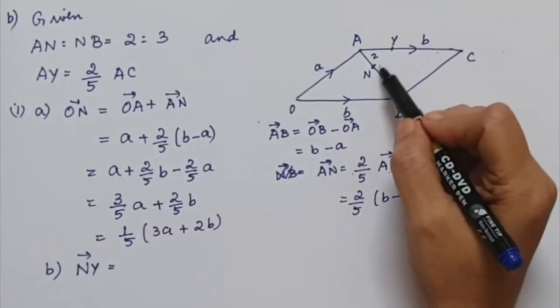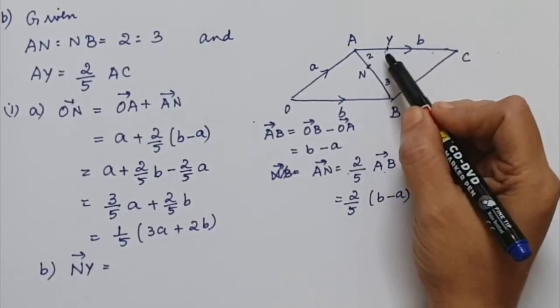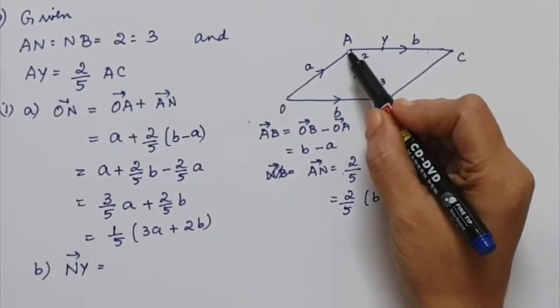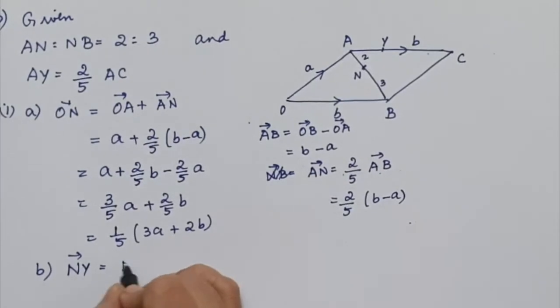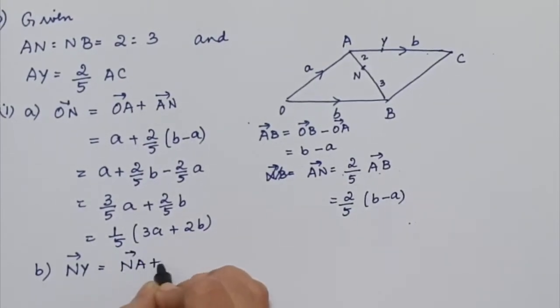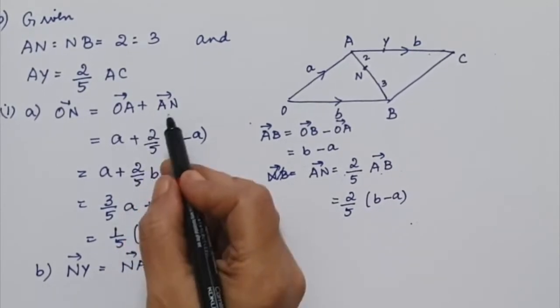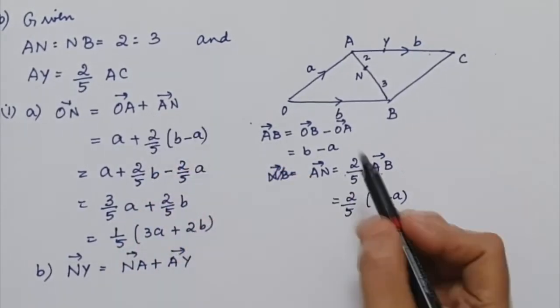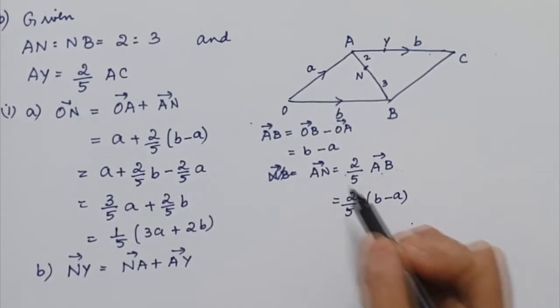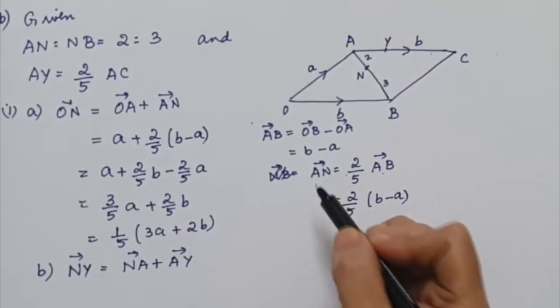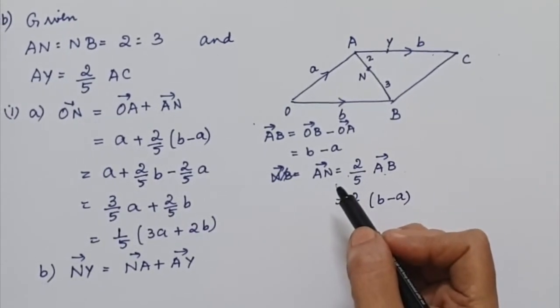Now the B part, in order to find NY, NY can be written as NA plus AY. So we'll write NA plus AY. Instead of NA, we know what is AN. So AN's opposite will give us NA. Negative of it will give us NA. We need to find AY.